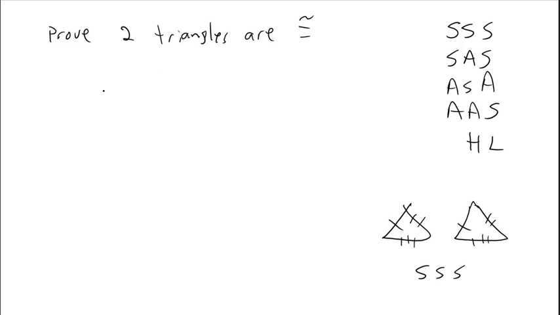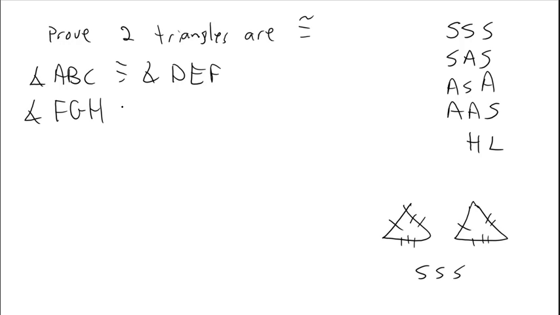And let's say somewhere in the proof, maybe in the given information, or you've already proven somewhere, we had angle ABC congruent to angle DEF, and let's say we had, we're just making up stuff, angle FGH congruent to angle IJK. So let's say this was given in the proof. So this was already somewhere in the proof.